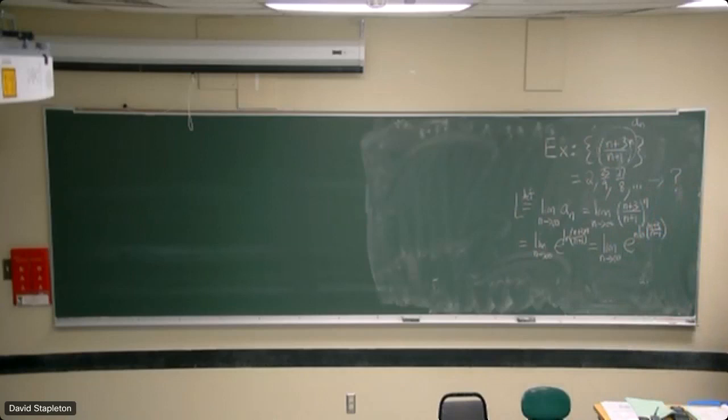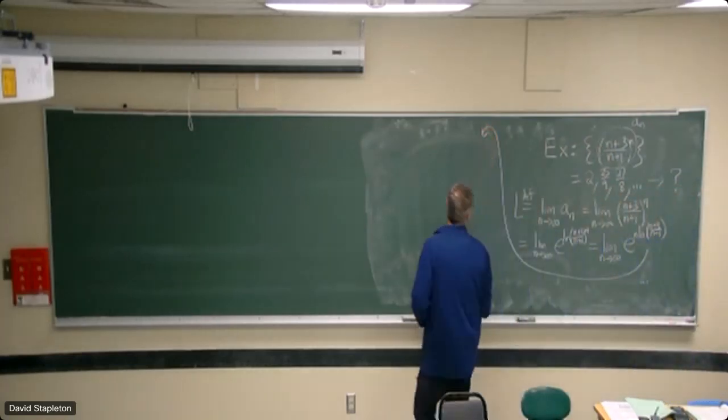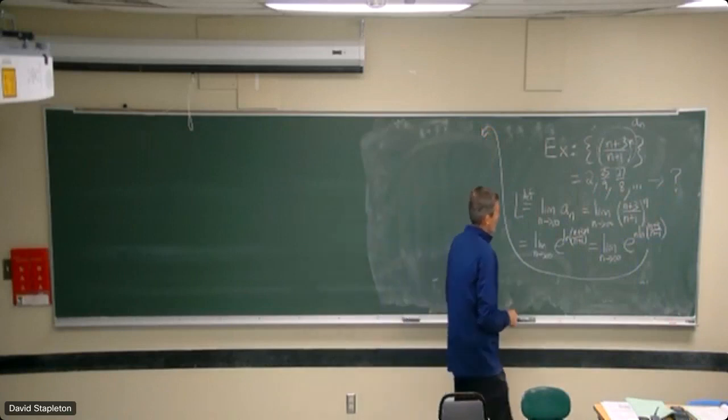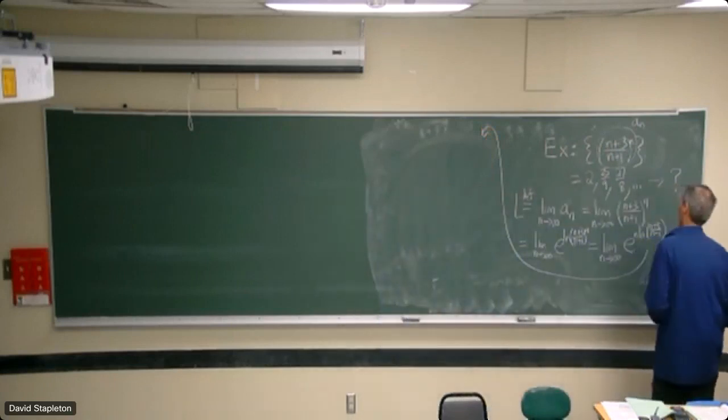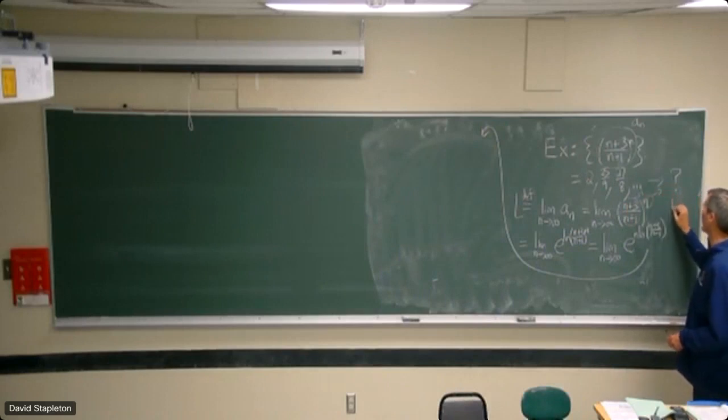Then you have to rewrite this in a clever way. It's still hard to tell what this is doing. The reason I do this is that this is approaching 1, but this is approaching infinity. What is 1 to the infinity? We don't know. It's an indeterminate form.